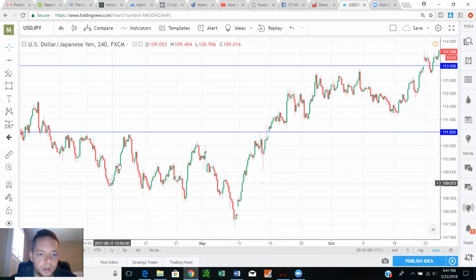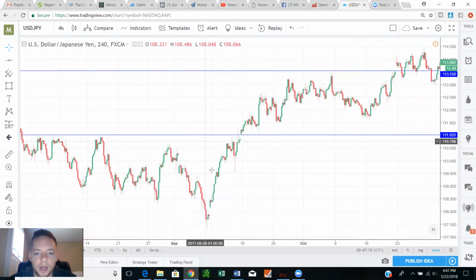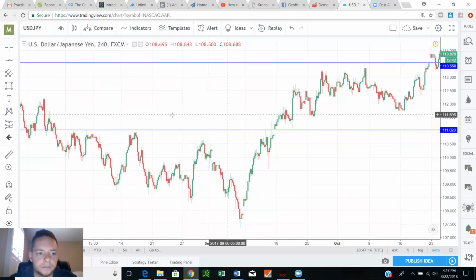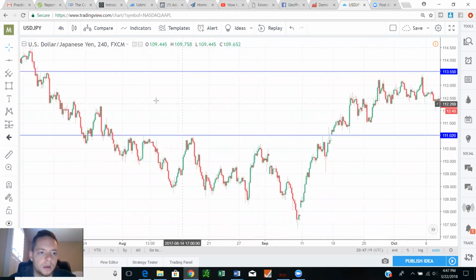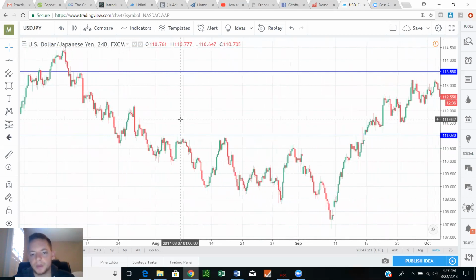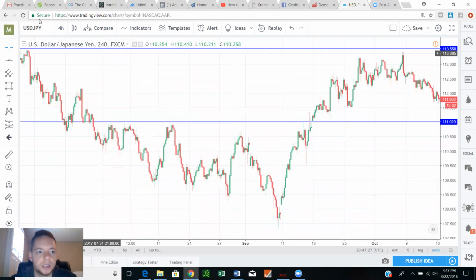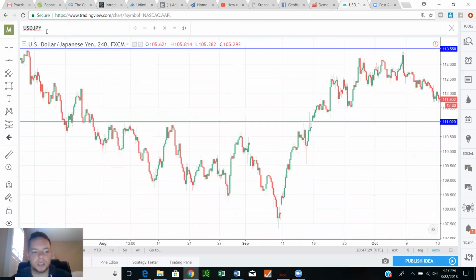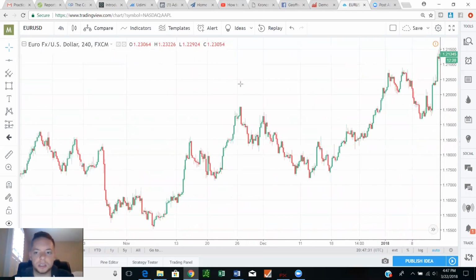Boom, boom, boom. What happened when it broke through? Came back, tested it, came back up. So these are things you look for, and again, these are zones you're looking for, not particular specific prices.